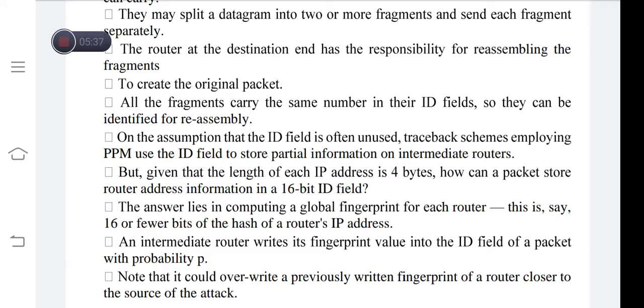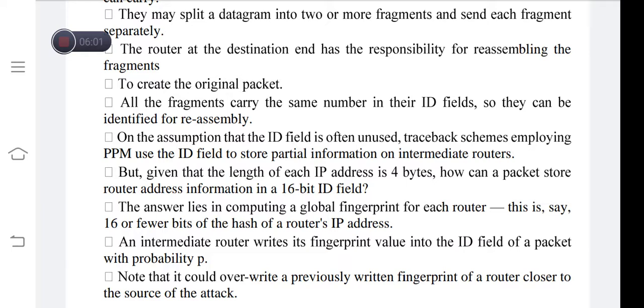But given that the length of each IP address is 4 bytes, how can a packet store router address information in a 16-bit ID field? How is it possible?